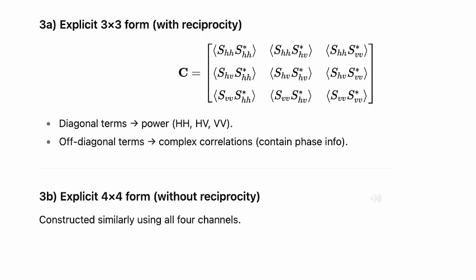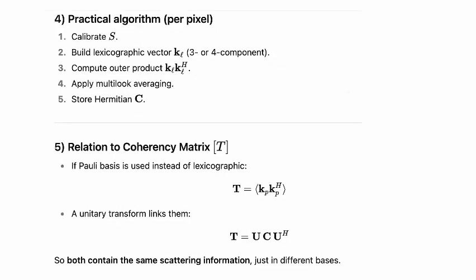They are often shown as blue, red and green respectively in Pauli RGB composites. In the lexicographic covariance formulation, the diagonal terms give you channel powers and the off-diagonals tell you about relative phase or coherence. Both are essential inputs for classification and decomposition algorithms.